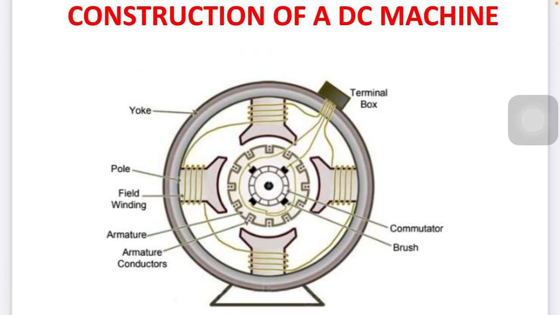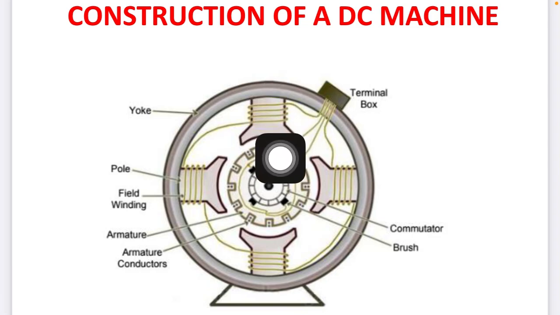As you can see, there is a 4 pole machine: 1, 2, 3, 4. It has a series connection of winding and 2 terminals. That is generally called the field winding, which is wound on the poles fitted on the yoke with the help of screw and bolt arrangement.